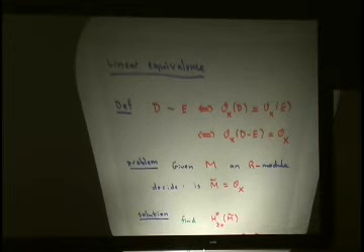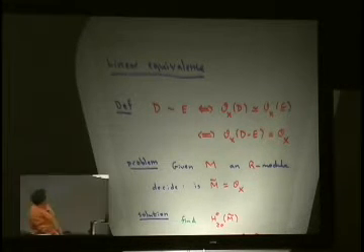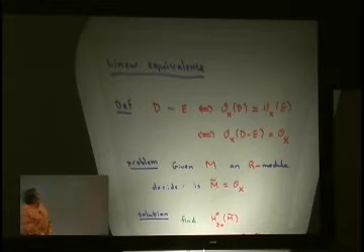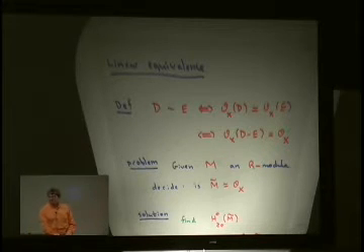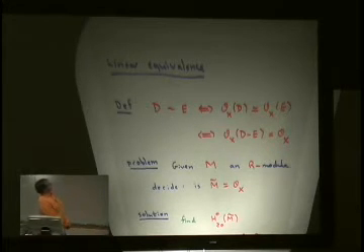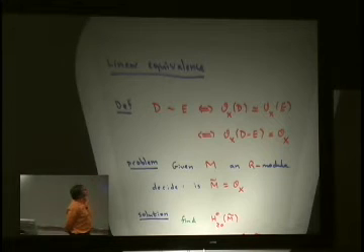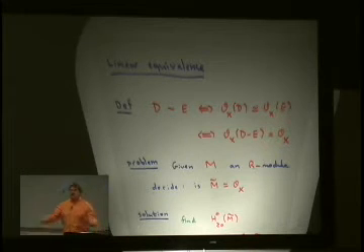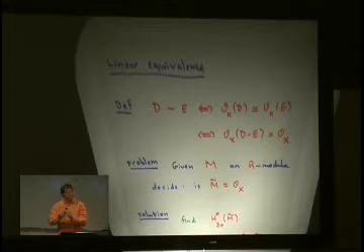D is linearly equivalent to E if and only if their corresponding sheaves are isomorphic. It leaves a little to be desired from an elementary standpoint, but in any case, that's the same as saying OX of D minus E is the trivial sheaf, the structure sheaf O of X.